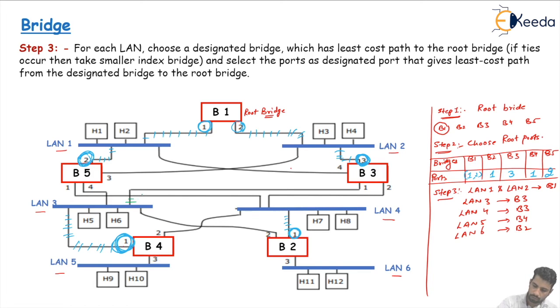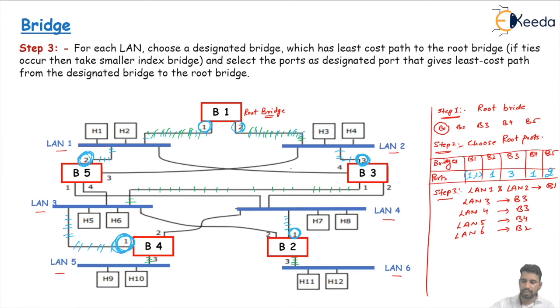So this is the designated path. I marked it with the green ink, and here we have designated this port, and here we have designated this port. Okay, and for this path that all are done, this is the main path.